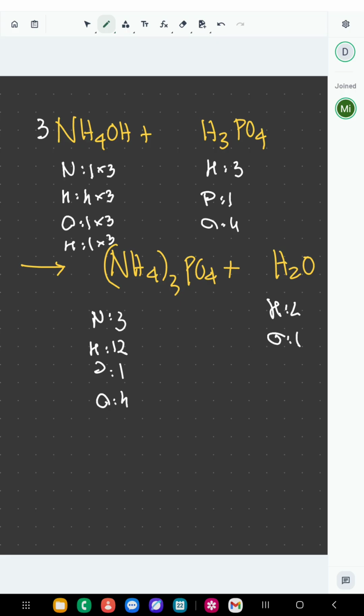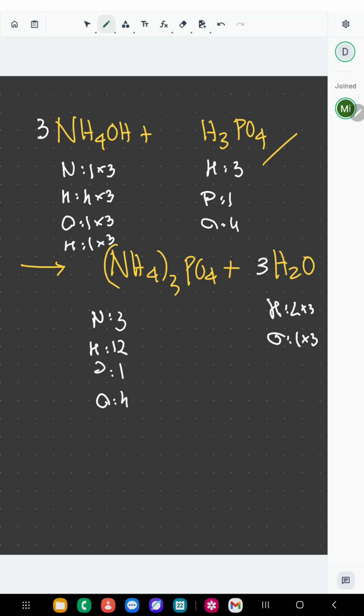So you should have 18 hydrogen. H2 will be 6. So you have 12. Okay, this one is correct. This is already balanced.